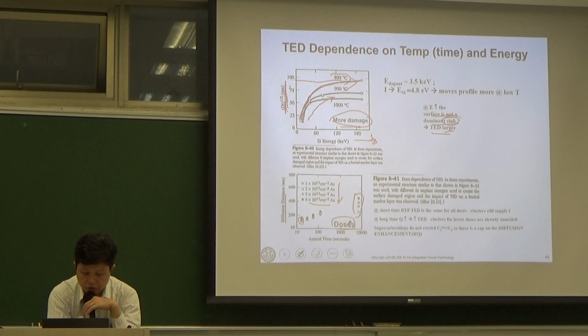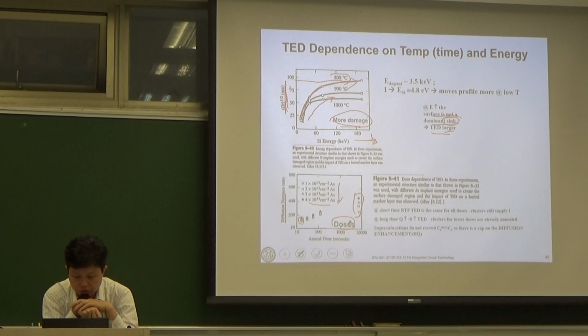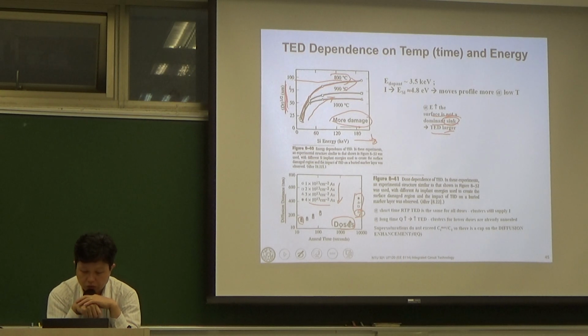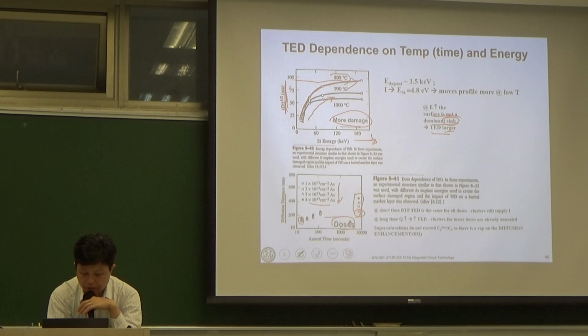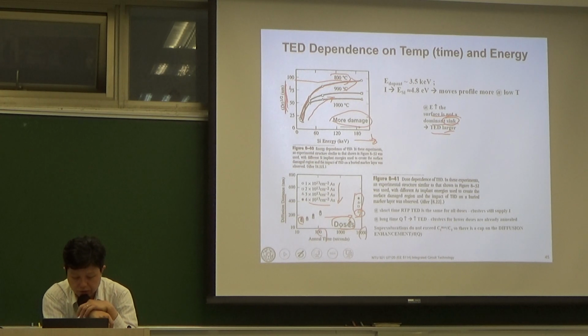You see the diffusion distance begins to increase for higher dose. And for the lower dose, because the clusters might already be annealed, you can see this one doesn't change that much when we increase this time from 100 to 1,000 seconds.